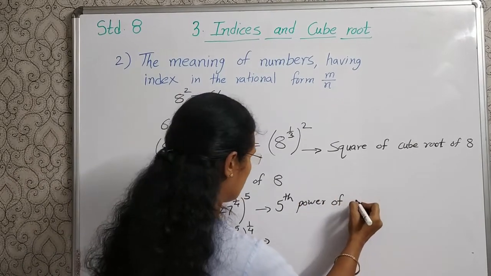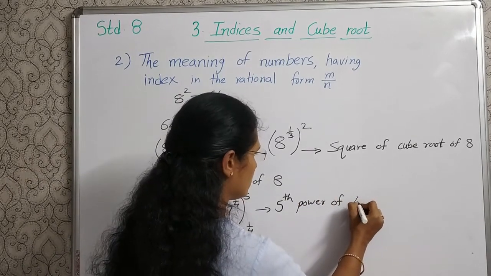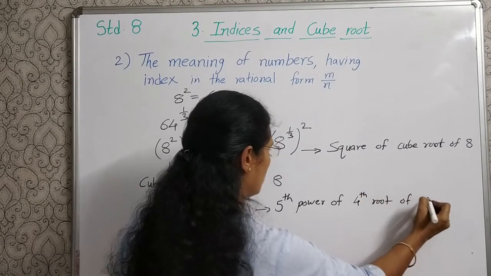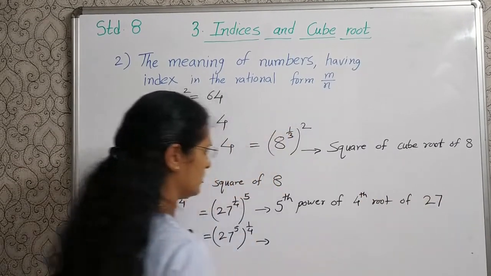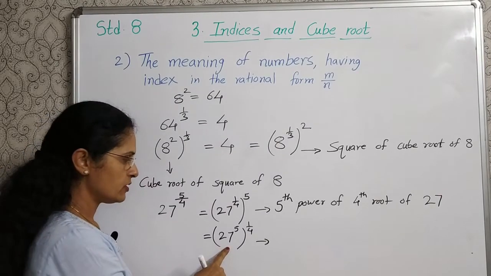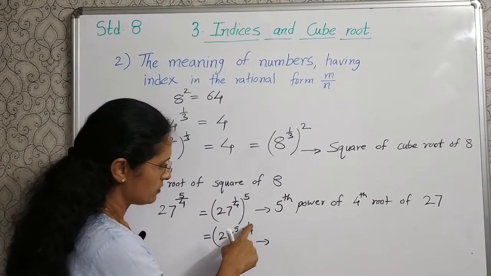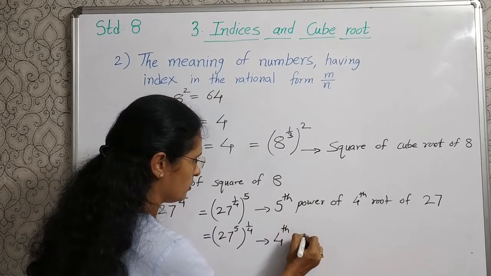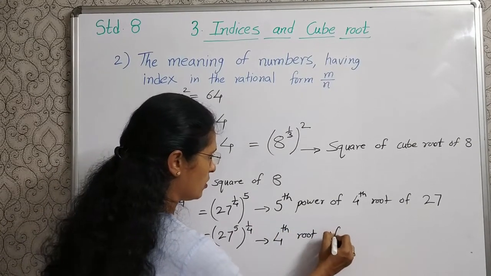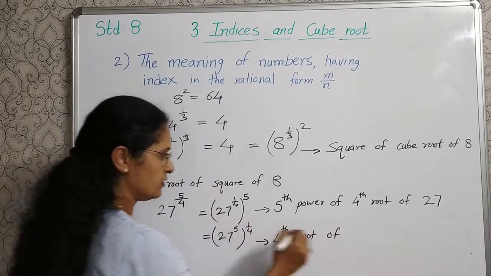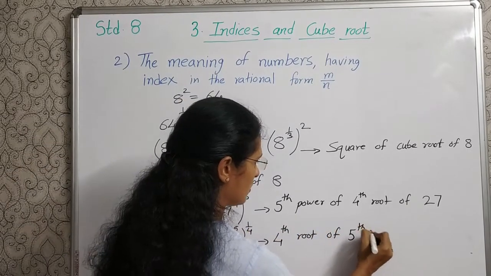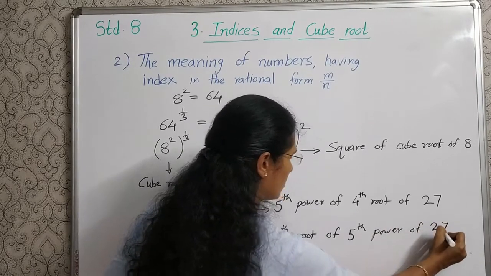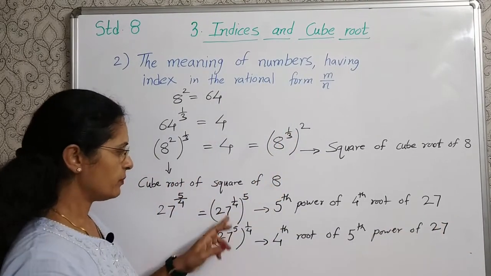So fifth power of fourth root of 27. Now the meaning of the other is, first read this, which is a fourth root. So fourth root of fifth power of 27. The value will be the same.